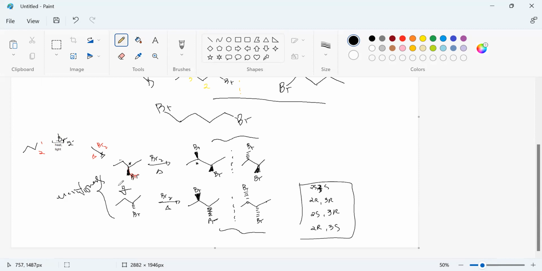So after you get this, there are other products. Where can it form? You can form on the second carbon and third carbon. Okay, but you can also have 2,2, and you can also have this.